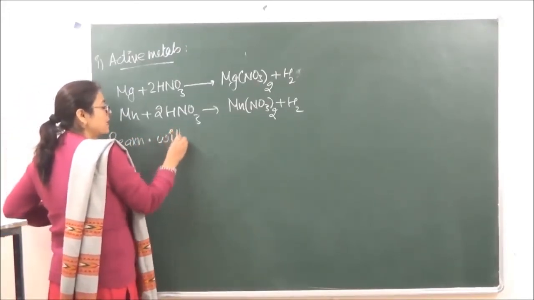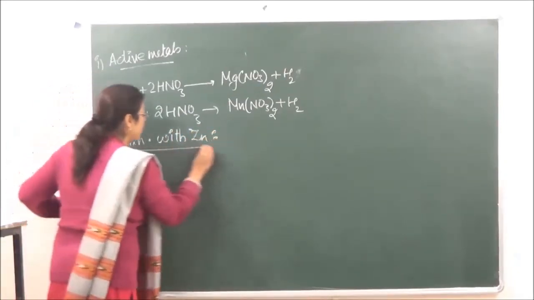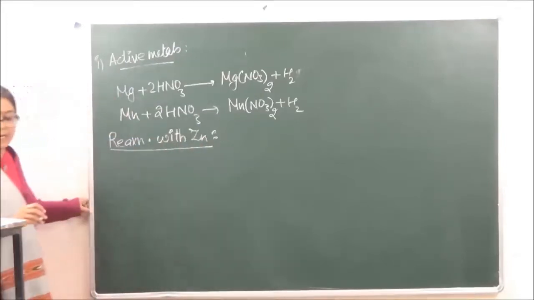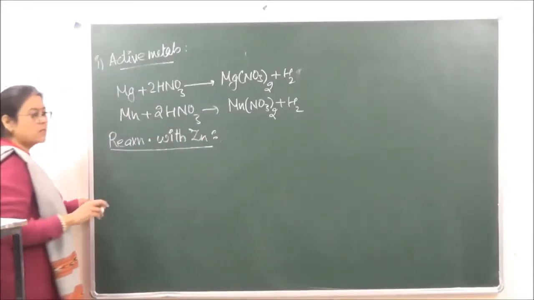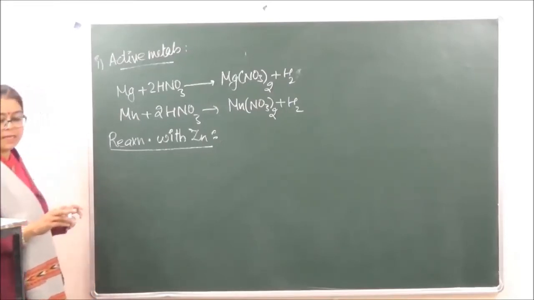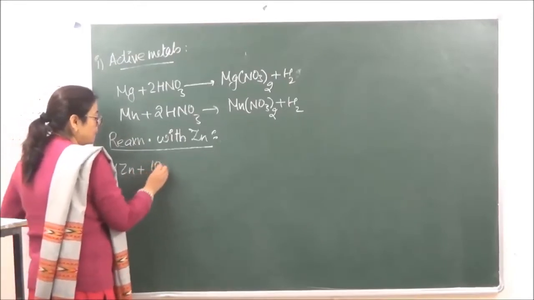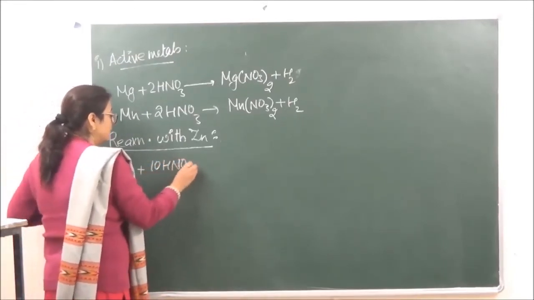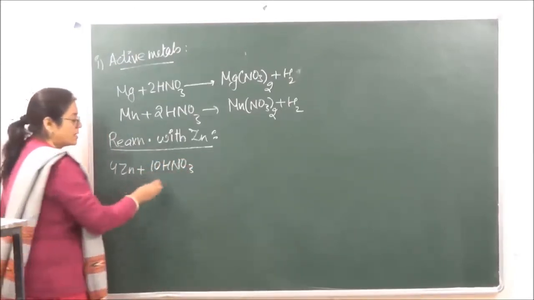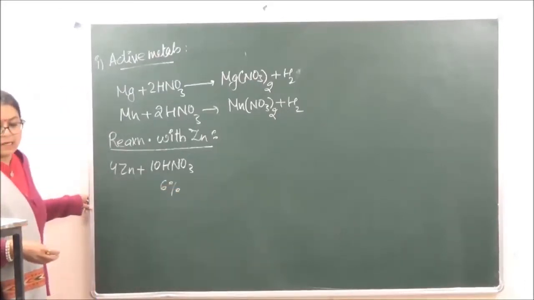with zinc. Zinc is also an active metal. So with zinc तीन तरह की reactions हमने करनी है. सबसे पहले we are going to do it with very dilute acid. We are taking 6% acid over here. So we have Zn plus 10HNO3. This is, we are taking over here 6% HNO3.